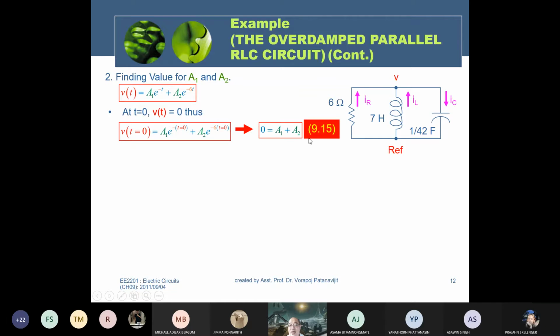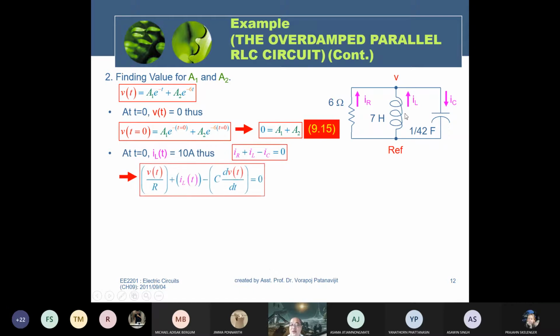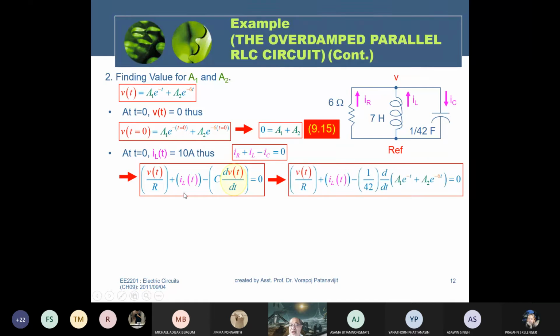But in this case, we have one equation and two unknowns. You cannot solve it yet. You must substitute the second initial condition first. For the second initial condition, we apply KCL to the top node. You express every current in the form of the voltage across it, except the inductor current, because you already know that the inductor current equals 10 amps.